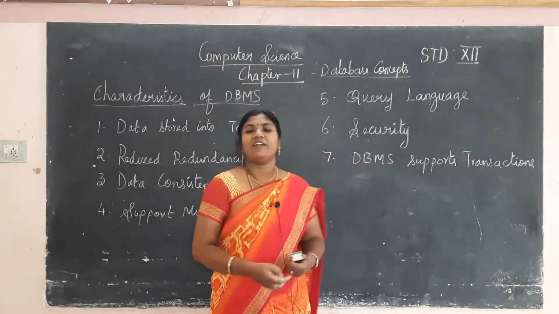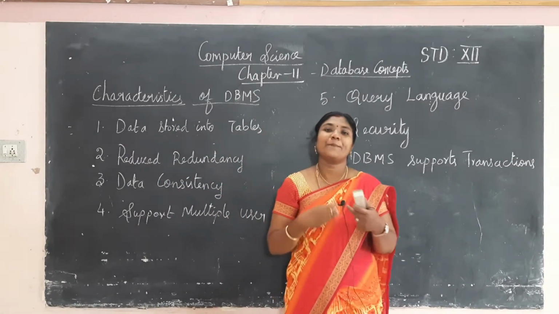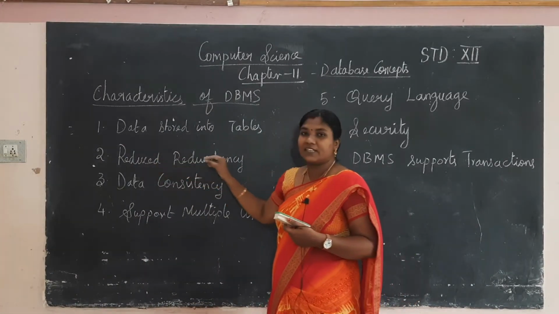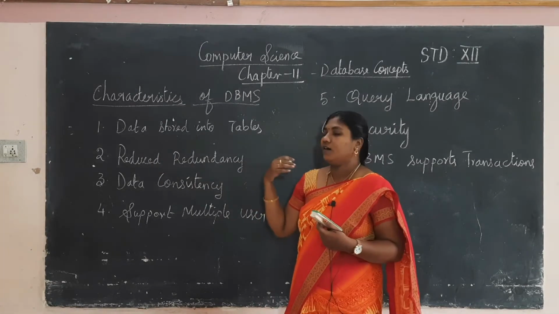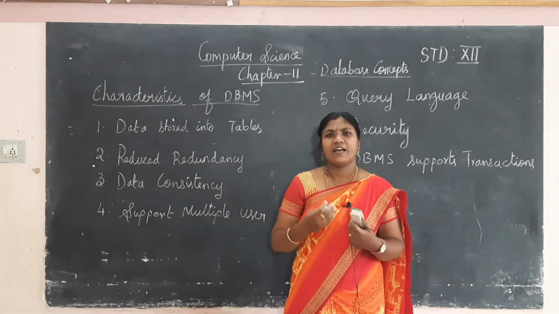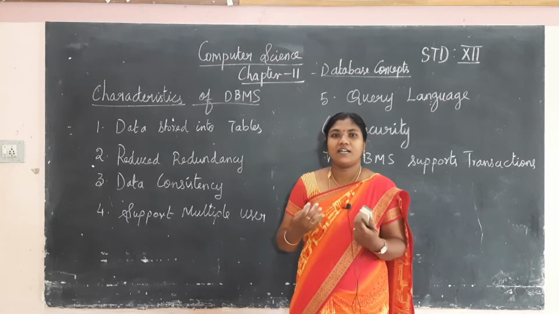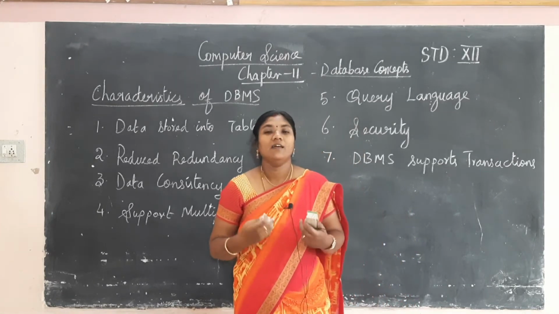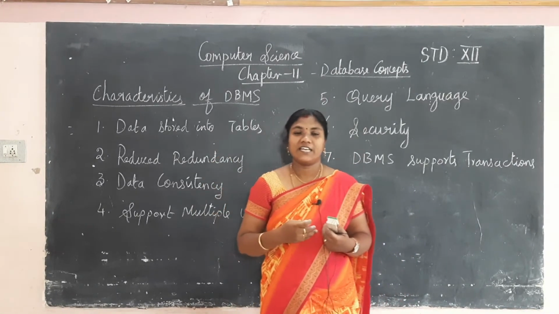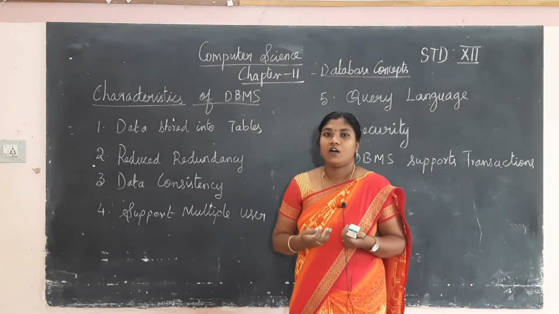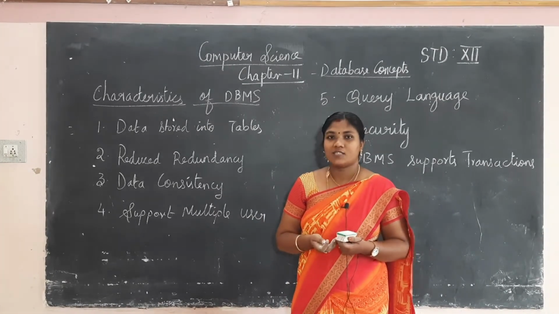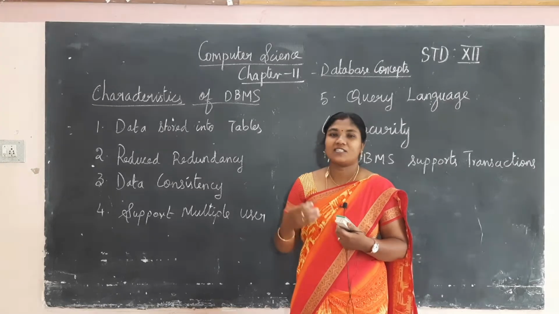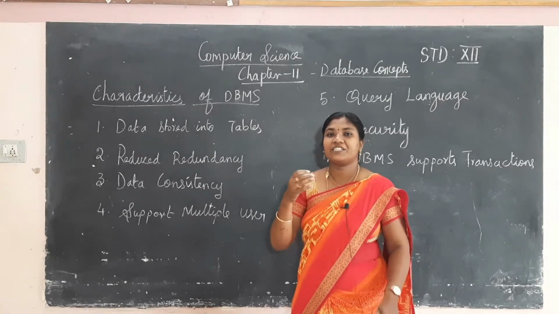What do you mean by redundancy? It means repetition. Nowadays we can buy many pen drives and hard disks, but in the earlier stage a hard disk was very costly. So at that time we could not afford redundancy, the repetition of particular data.